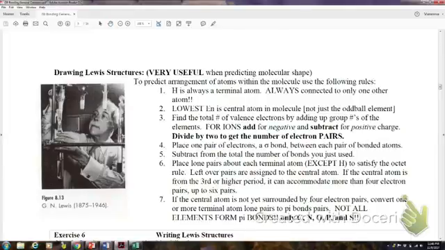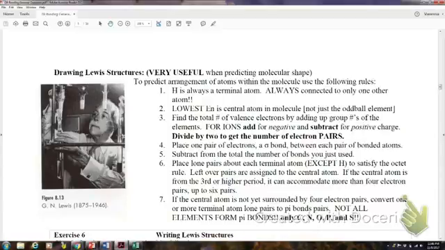Don't do that. Okay. So remember, a sigma bond is a single bond, so you place that. Then if you need more lone pairs on the central atom, because everybody's got to get how many? 8, except for anything under carbon. If the central atom is not yet surrounded by its 4 electron pairs, you can convert to pi bonds, but first make sure it's something that can actually double bond, and that is these elements right here, CNOPS.